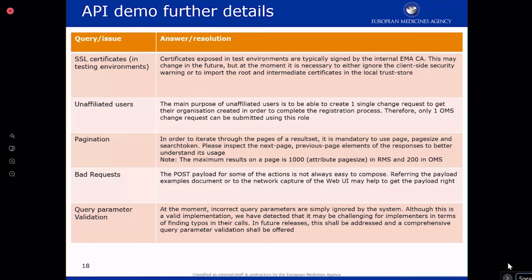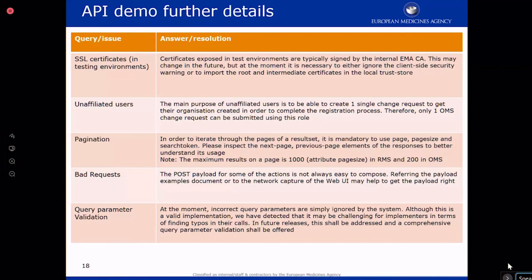In the testing environments, these are signed by an internal EMA certificate authority, which might change in the future, but at the moment, you can simply ignore the client-side security warning if it is provided, so you can get on with your testing in UAT. In production, the SSL certificates are issued by industry recognized authorities, so there is no issue with that.